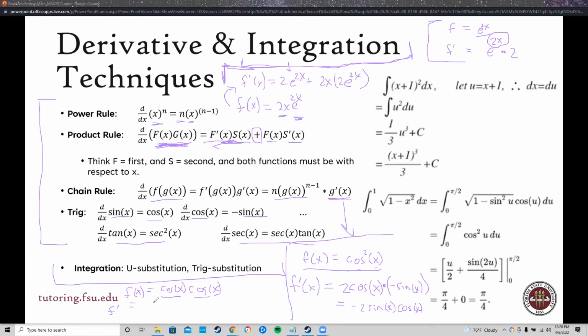So f prime here. If I take the derivative of the first thing, I get negative sine x times cosine x, plus, I'll leave the first thing the same, so plus cosine x. And as you can see where I'm going, this is cosine x times a negative sine x.